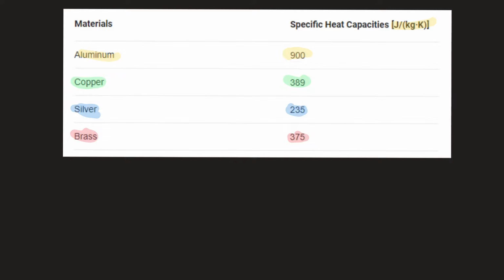So what do these numbers mean? Remember, specific heat capacity is how much energy needs to be applied to raise a certain mass of it by 1 Kelvin or 1 degree Celsius. Following along with these units, for aluminum specifically, you need 900 joules of energy to increase 1 kilogram of it by 1 Kelvin, or 1 degree Celsius.